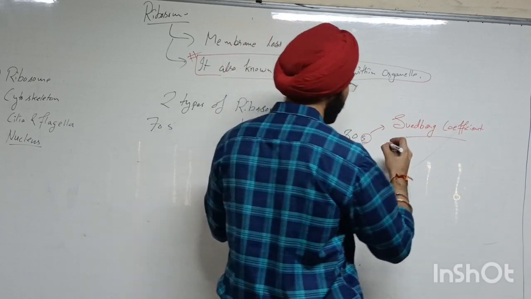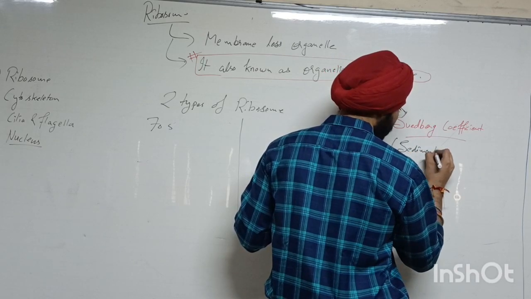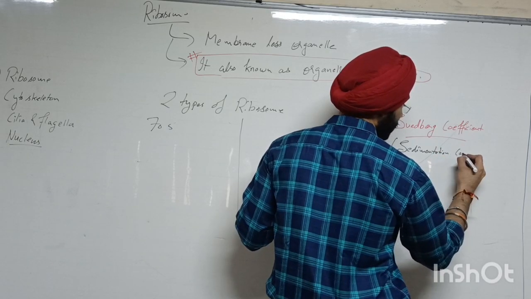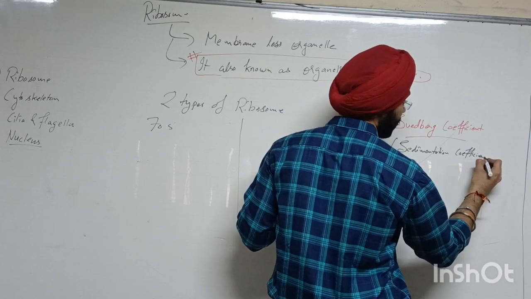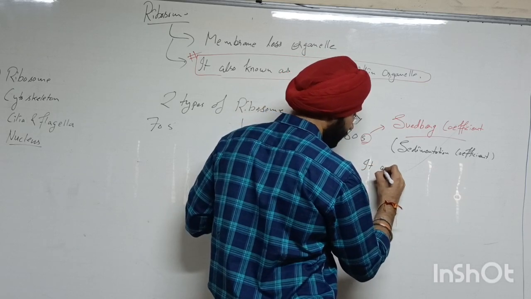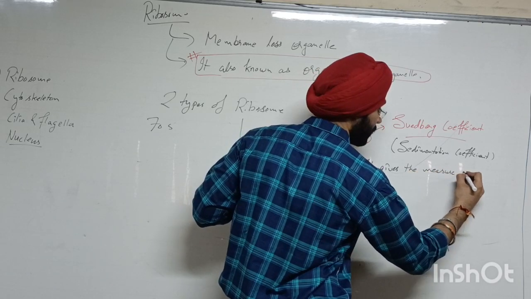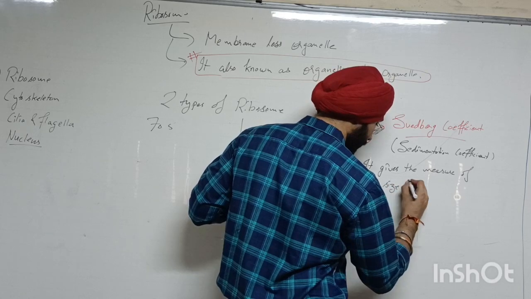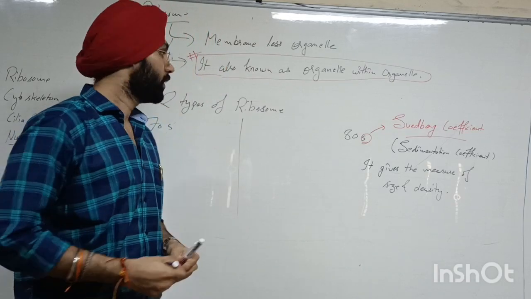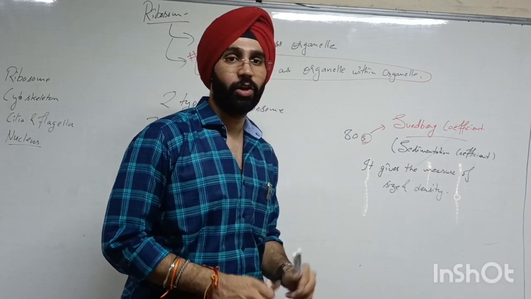So it is the sedimentation coefficient, and it gives the measure of size and density of ribosome. Okay, is that clear to you? So this S is the Swedberg unit and it is also known as sedimentation coefficient. It gives a measure of size and density of ribosome.